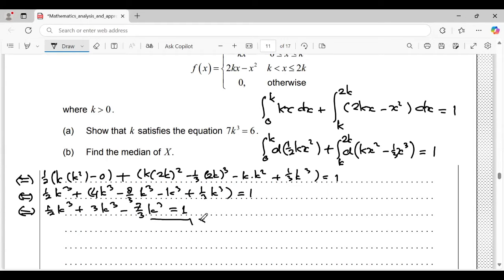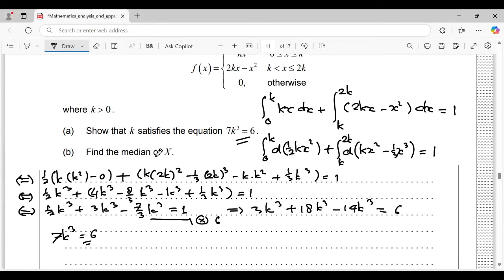If we multiply all terms by 6, it becomes 3k cubed, because 6 divided by 2, then plus 18k cubed minus 14k cubed equals 6. So 3 plus 18 minus 14 gives 7k cubed equals 6.